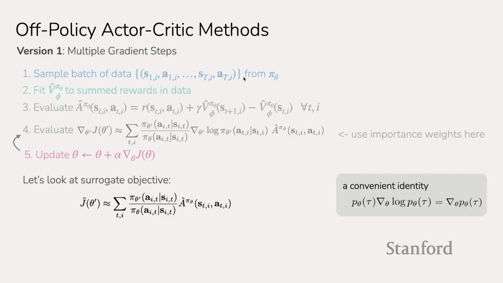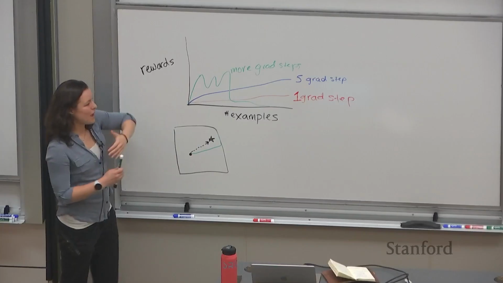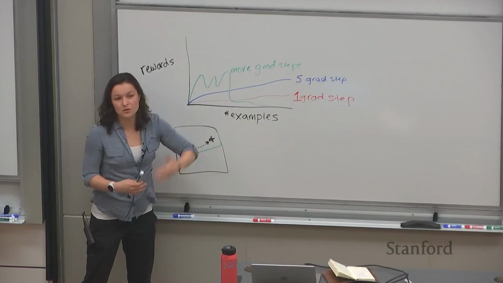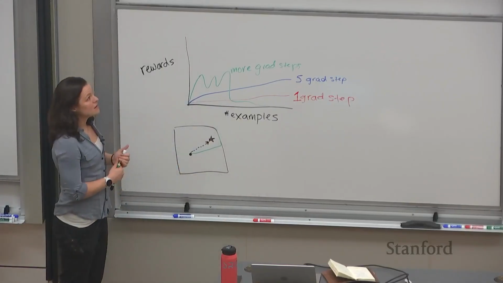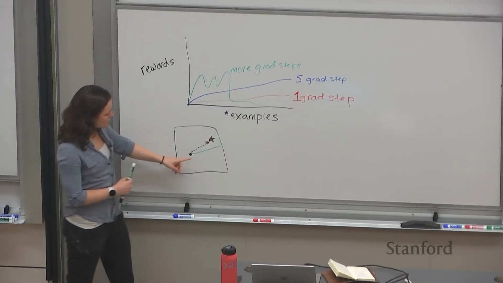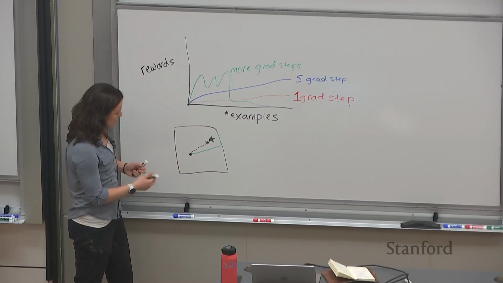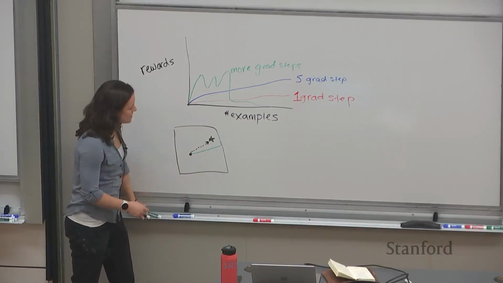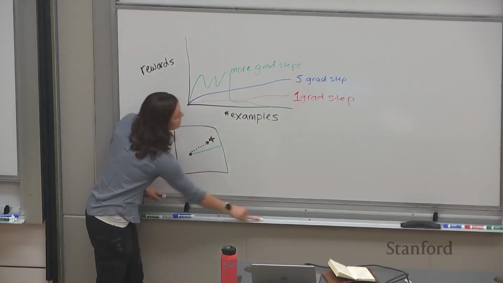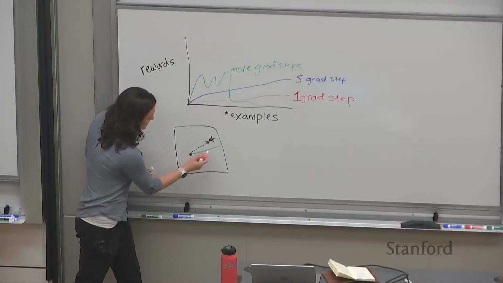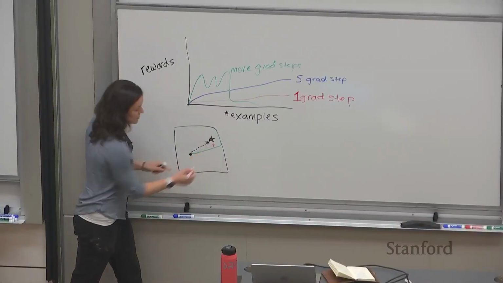And primarily because they were based off of the old policy, after you've taken, I don't know, 50 gradient steps or 100 gradient steps, they become out of date. For example, maybe your old policy, right here, did decide to go up.